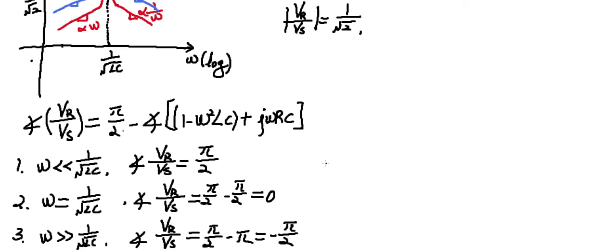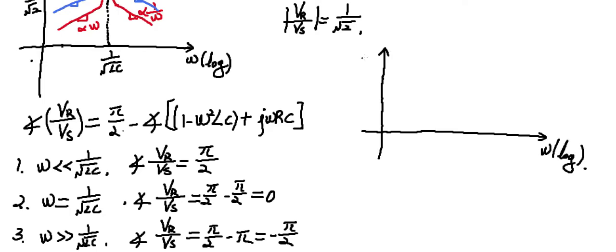Okay, so now we can again represent this phase as a function of frequency in a graphical way. Again, we can utilize log scale for the x-axis for frequency, but for phase, usually we use a linear scale for the y-axis. As we calculated, for very low frequency, the phase is positive pi over 2.